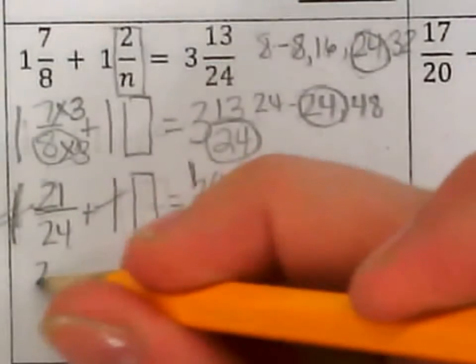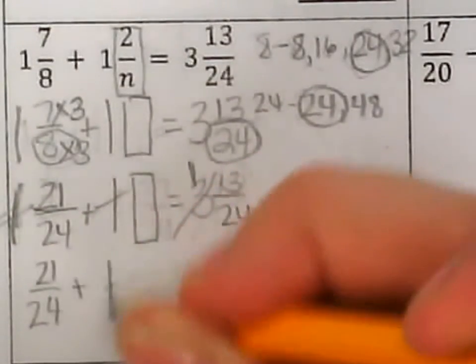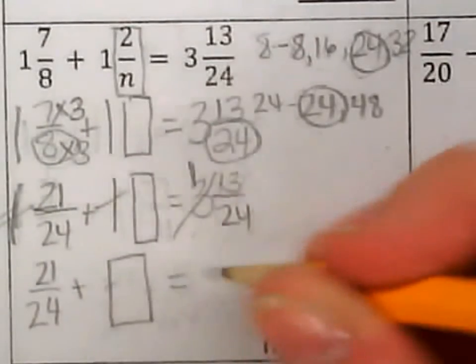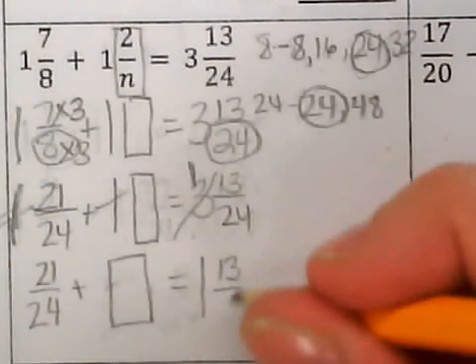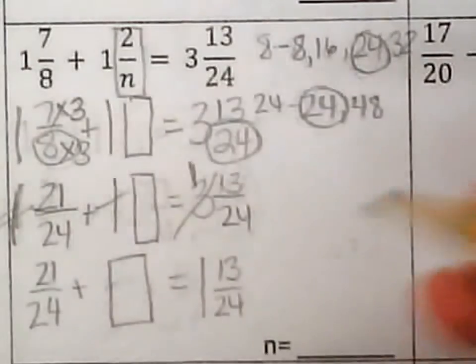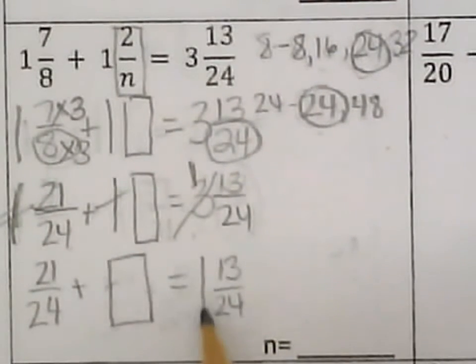So now we're going to rewrite it, 21 over 24 plus empty box is equal to the one more whole that we need to make plus 13 over 24. Okay, and so we're going to first talk about, well, what do I need to create the one whole? What is equal to one whole in terms of our denominator of 24?